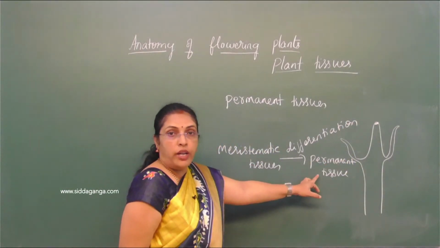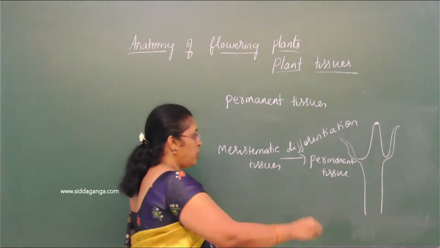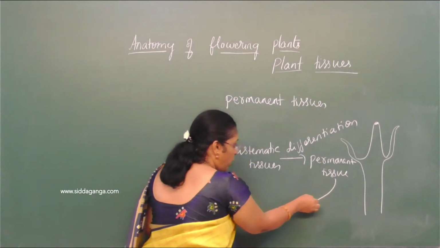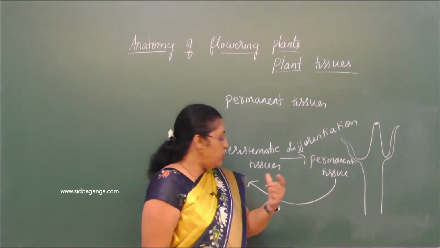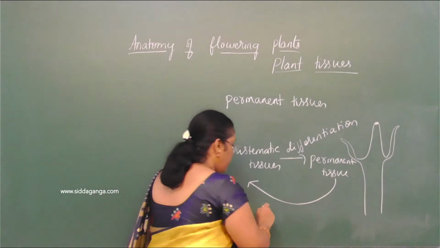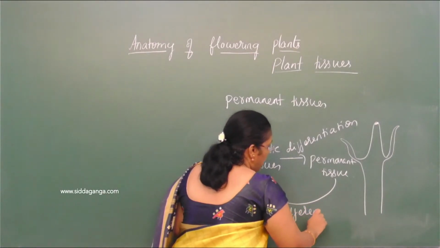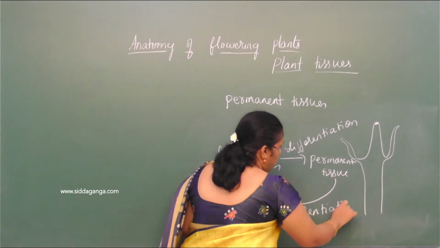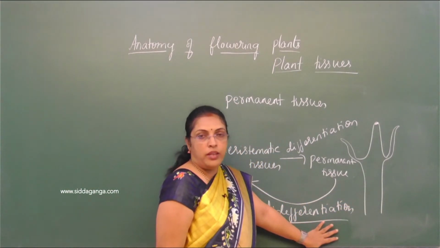If permanent tissue, under certain conditions, acquires meristematic property, that is called de-differentiation. So these meristems come under secondary meristems. Understood?